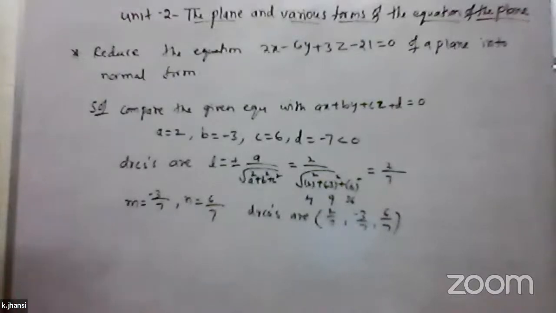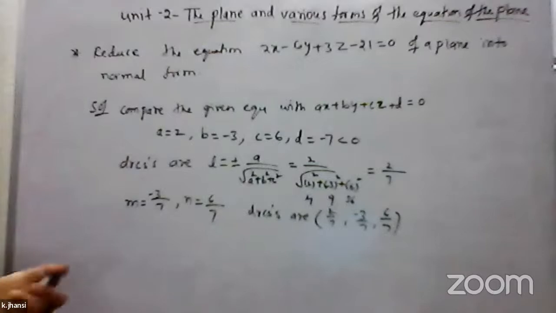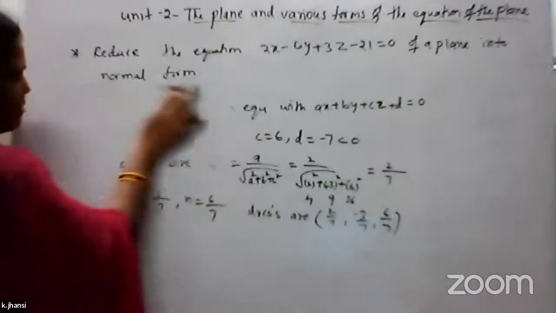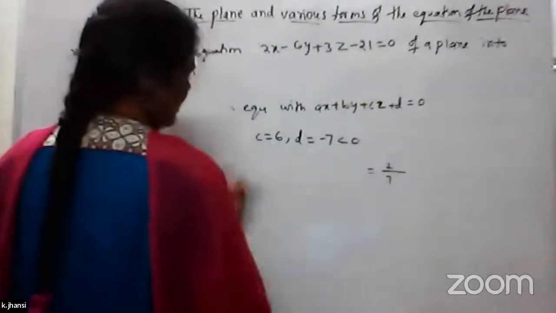So this is the plane equation, ax plus by plus cz plus d equals 0. Now you have to reduce this into normal form. Normal form is lx plus my plus nz equals p.